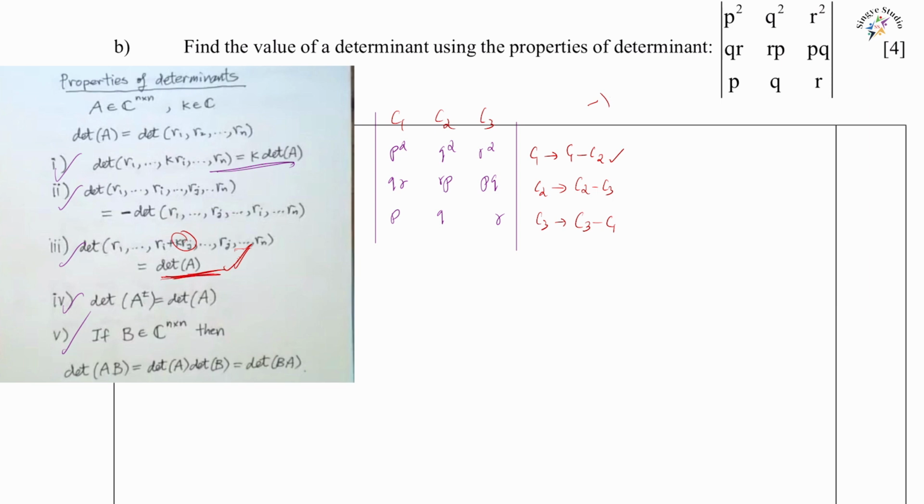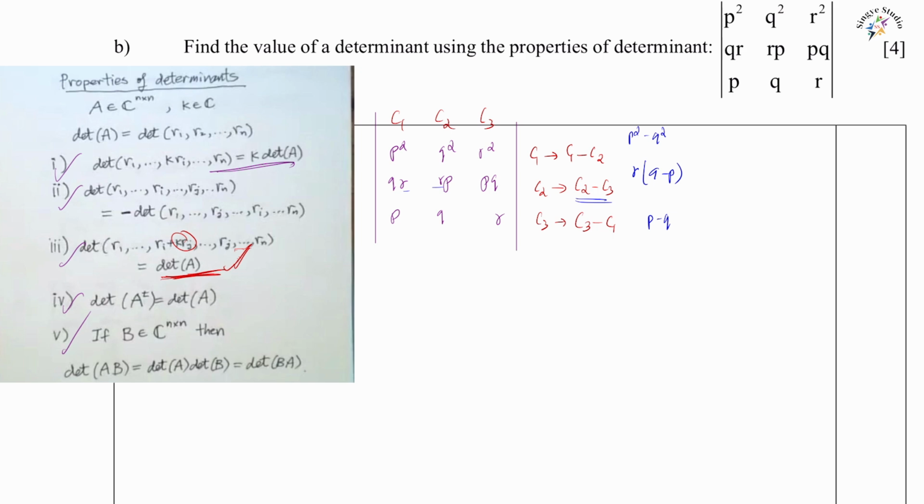So while performing this kind of operations, you don't have to worry about the value of determinant because it will remain the same, right? So by doing this, we will get p squared minus q squared, right? And here we have r common, so take r as common and do q minus p, and here p minus q, okay?